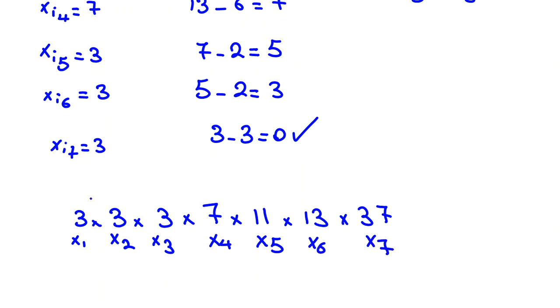And we can consider all permutations. For example, 37 here, 3 here, 7 here, 13, 3 here again, 11 here, and 3 again. Again, it is a good example. So we should see all arrangements.